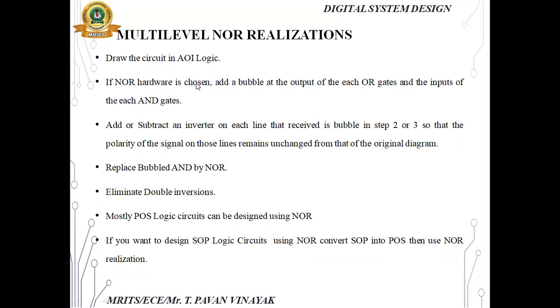First draw the circuit. If you use NOR, put bubble at output of OR gates and inputs of AND gate. Okay, remaining steps are similar as AND gate, NAND gate steps. So let us see the examples.